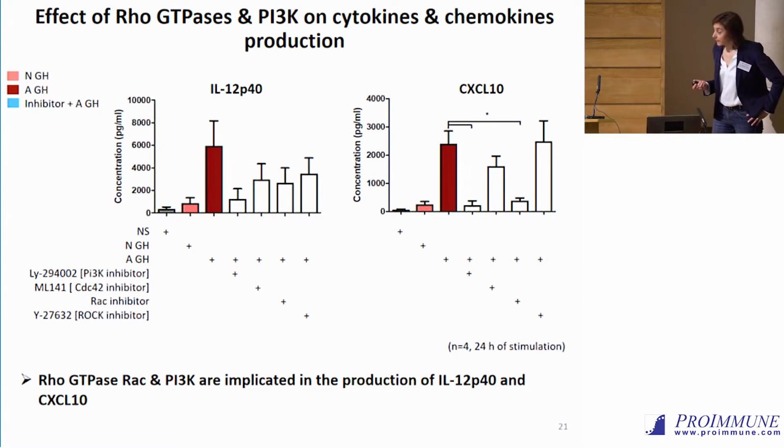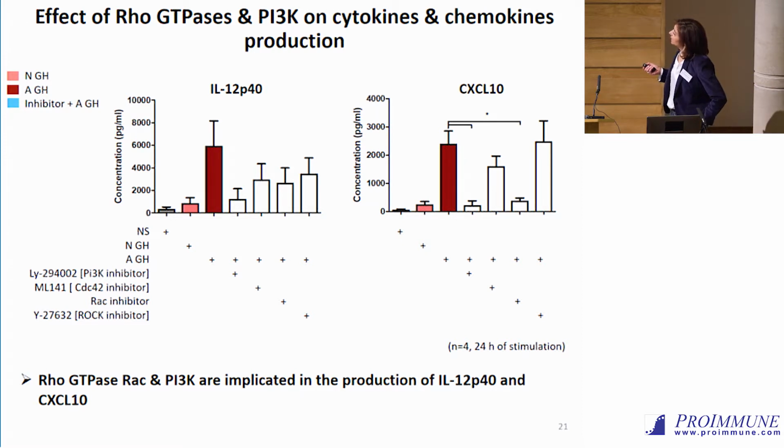So again, using specific inhibitors of those Rho GTPases, we were able to show that the production of IL-12 p40 and CXCL10 that were induced by aggregates could be inhibited by all these inhibitors. So we can see that Rho GTPases and PI3 kinase are implicated in the production of these proteins.